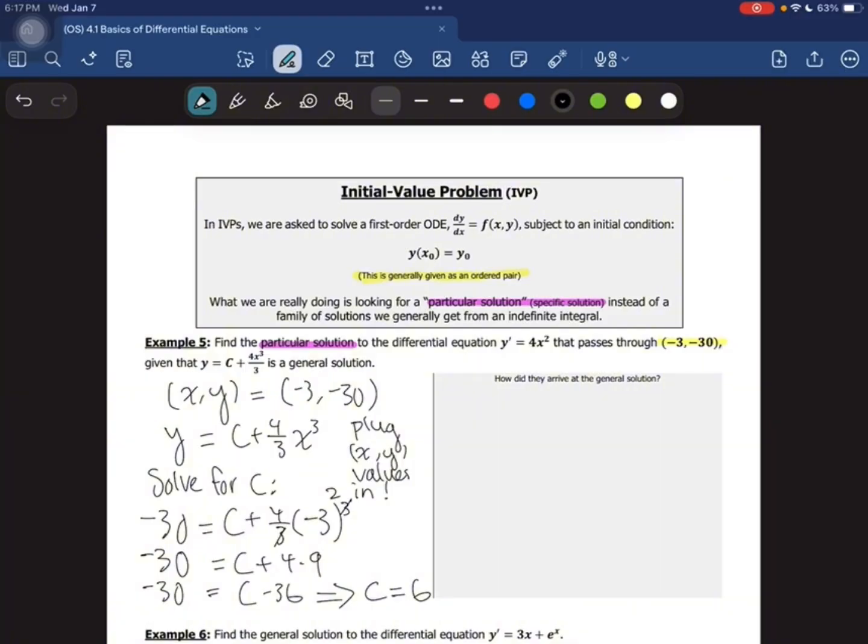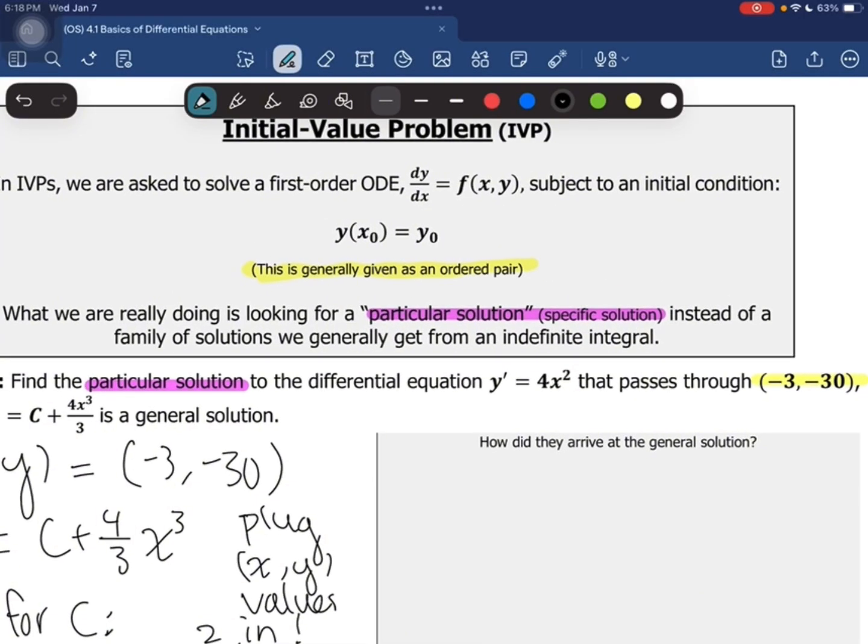So the particular solution that we get for this case is y equals 6 plus 4/3 x cubed. And again, all a particular solution means is to find the c. So let's just write that up. Find what c is.